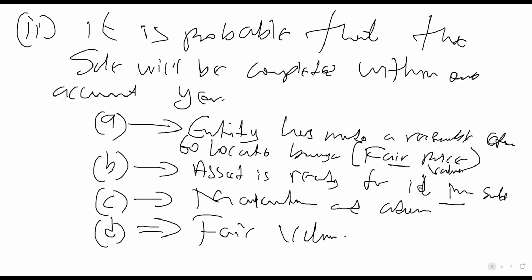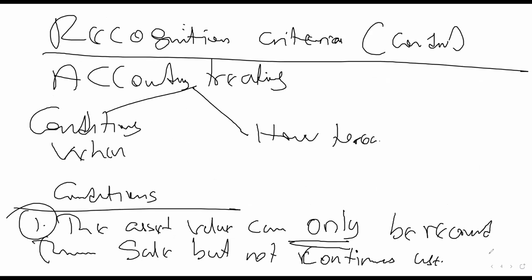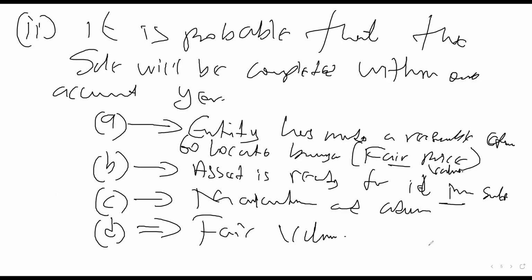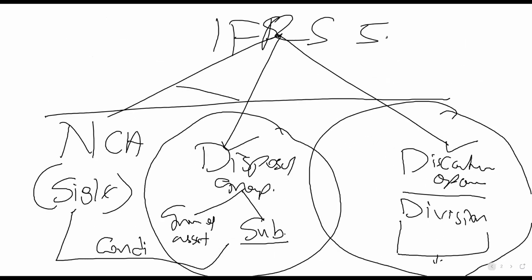Now, the accounting treatment. You see, we've given you the conditions. All three items have to meet these conditions before you can classify them. They have similar treatment. The non-current asset held for sale, discontinued operation and disposal group, you classify them between non-current assets and current assets on the balance sheet.